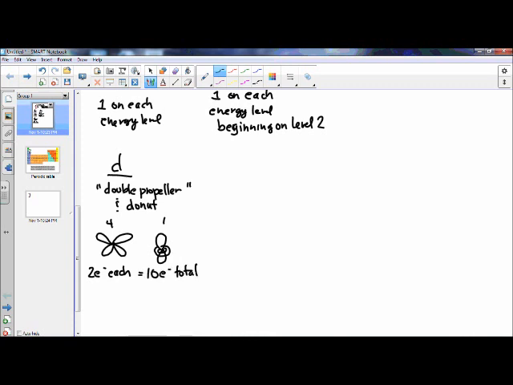That means that a set can hold 10 electrons total. And there's 1 set on each level, beginning on level 3.